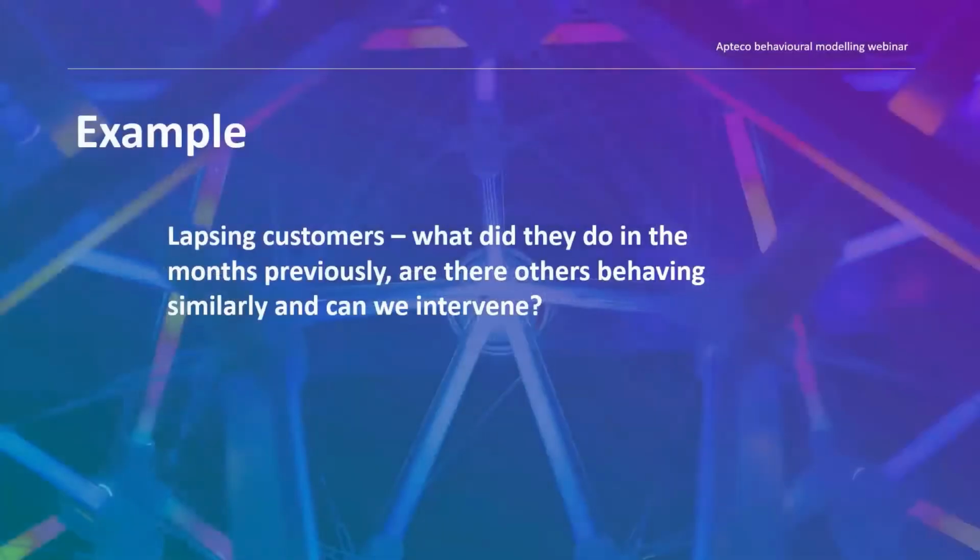So let's take some examples. Simple example, lapsing customers. What do they do in the months prior to lapsing? What can we see about that behavior, and what could we do to intervene?